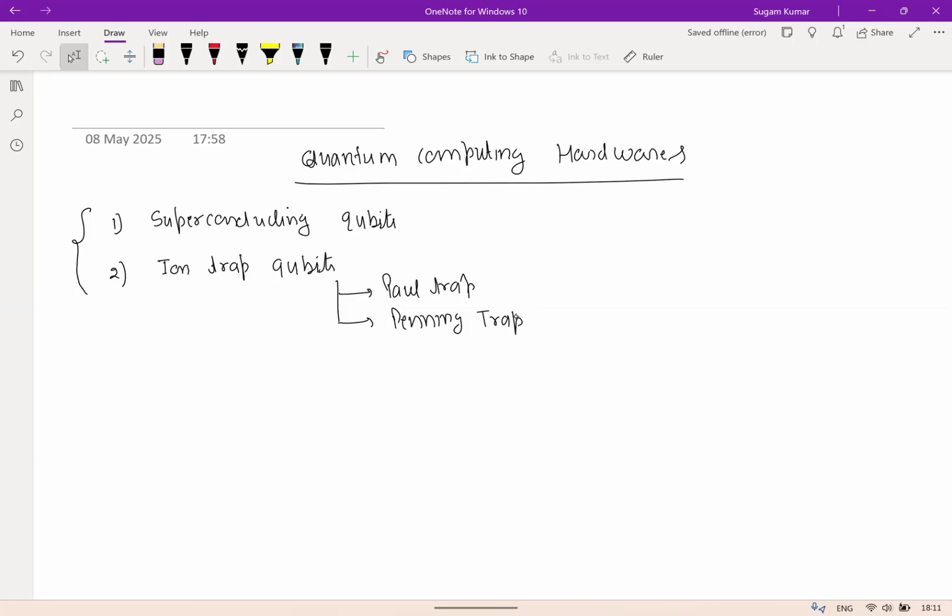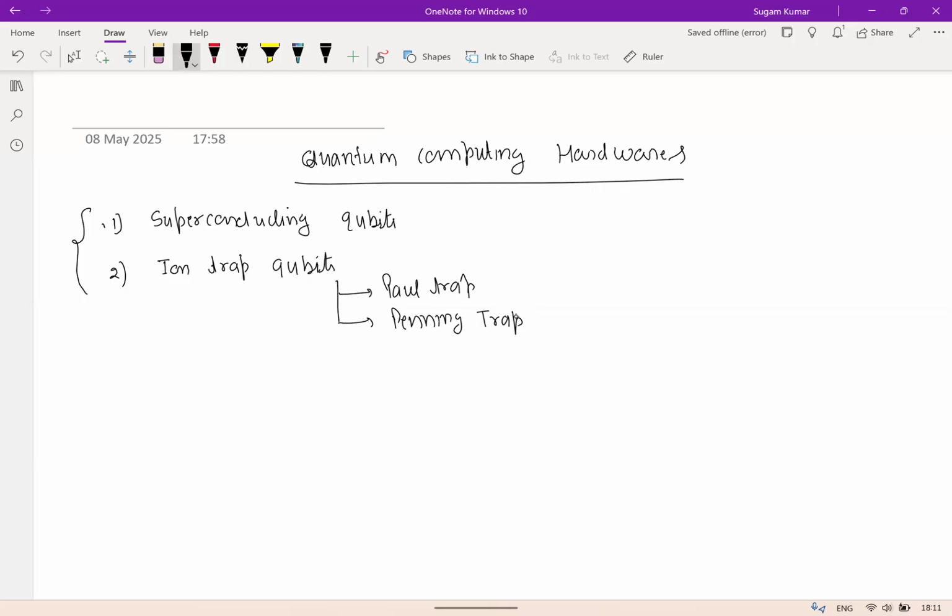And in fact, in superconducting also, we're going to have different categories. I will discuss them one by one today. Of course, after that, we will also have photonics based. But as I mentioned, we will not have too much time to discuss each and every platform.